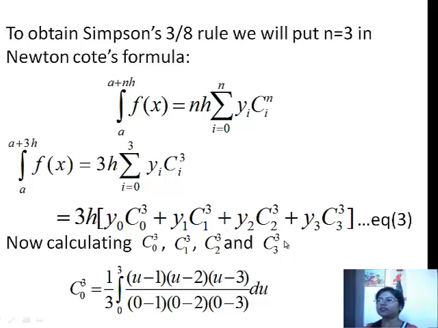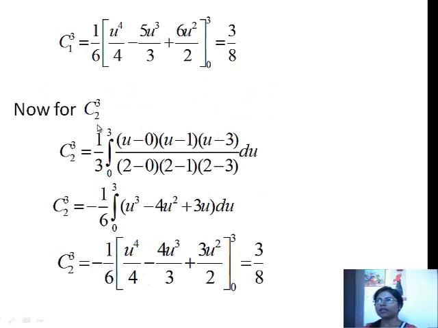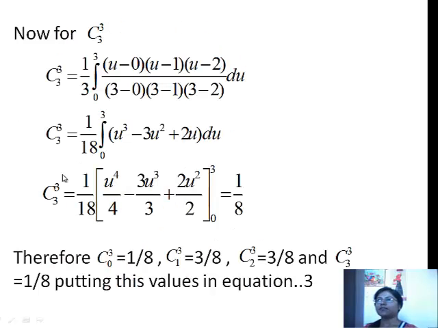And now if we calculate individually the values of c0 cube, c1 cube, c2 cube and c3 cube, we get c0 cube as 1 by 8, c1 cube as 3 by 8, c2 cube as 3 by 8, and c3 cube as 1 by 8.